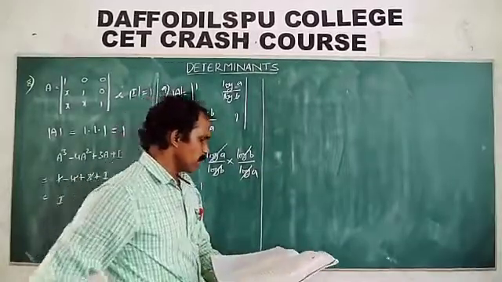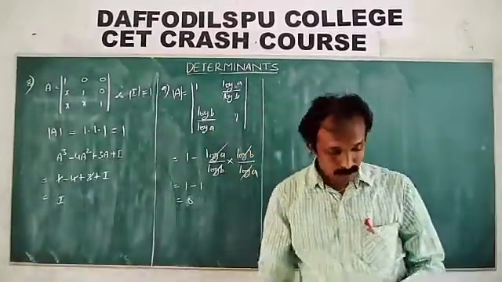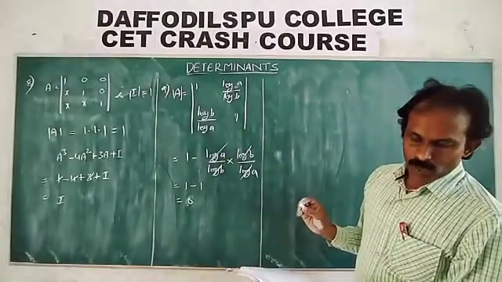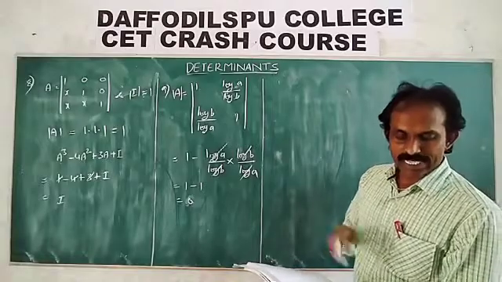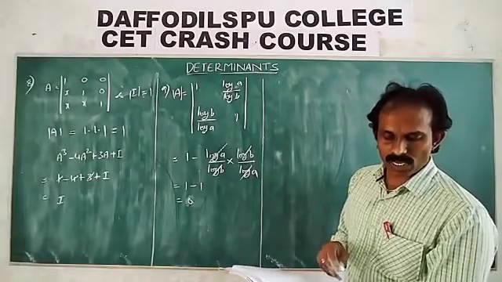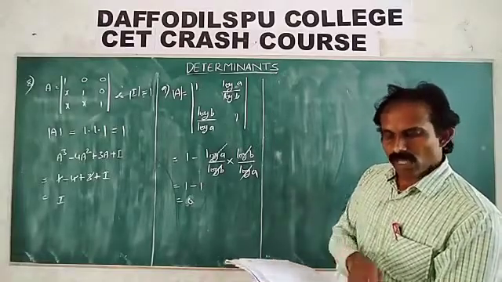Okay, this type of problem. See, once, 10th question. xp plus y, first row, sorry, first column. xp plus y, second element of the first column, yp plus z, 0.